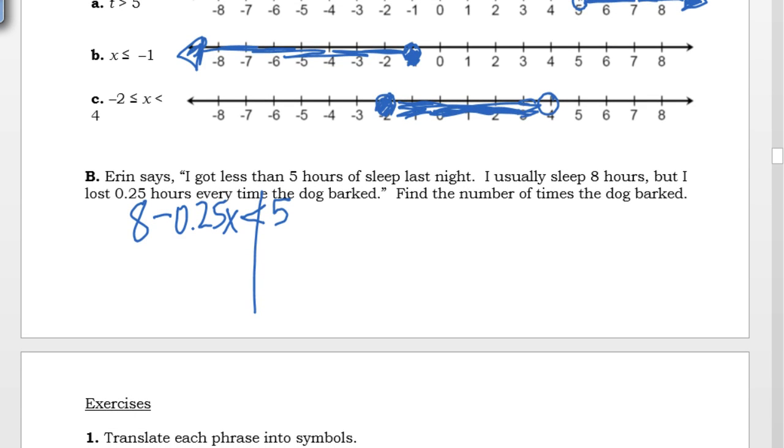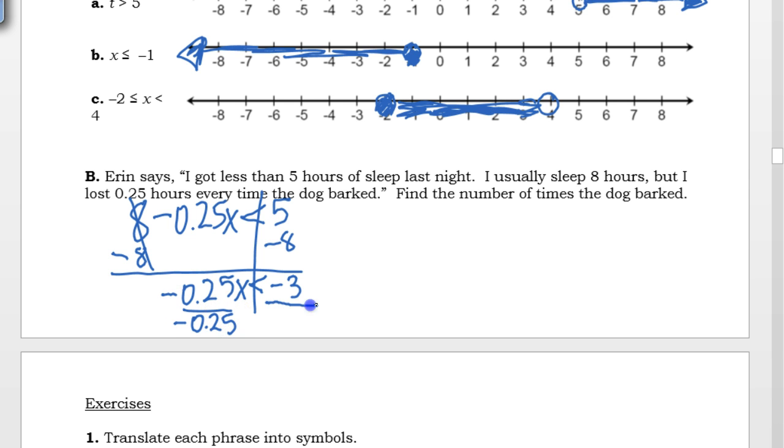I am going to start by subtracting 8 from both sides of the inequality. My negative quarter hours drops down. My less than is still a less than. 5 minus 8 is now negative 3. Now I'm going to divide both sides of my inequality by my coefficient on my x.